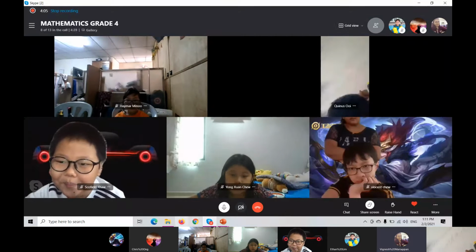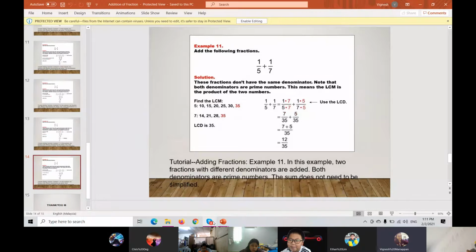Okay, good. So, how to make the denominator equal? That's why teacher said 5 you have to multiply with 7, 7 you have to multiply with 5, correct? Please take a piece of paper and follow what teacher is telling.